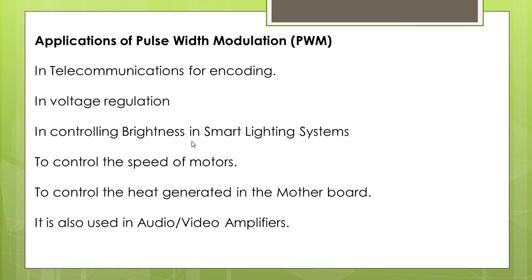It is also used in controlling brightness in smart lighting systems. It can be used in controlling the speed of motors. Also to control the heat generated in computer motherboards, and it is also used in audio and video amplifiers. These are some of the applications of pulse width modulation.